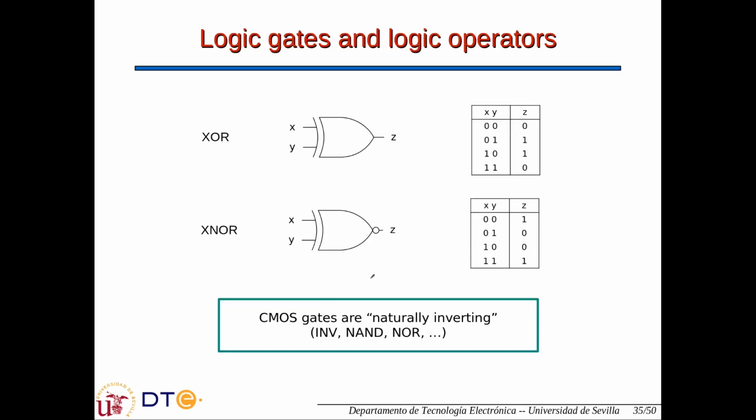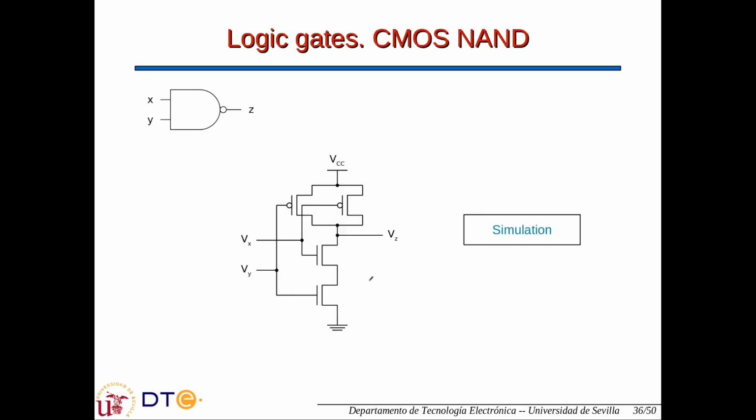For example, if we want to implement a NAND gate, we can do the same as we did with the inverter, but this time we use two transistors in series, so that to have a low voltage at the output, I have to connect this transistor and this transistor. That's why we have the AND concept of the operation.